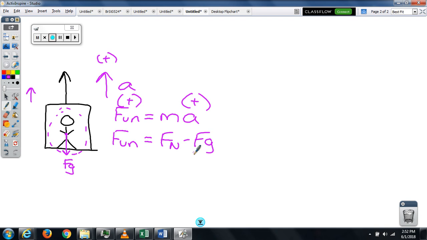To find Fn, you add Fg to both sides, so you get Fnet plus Fg. Like we said, we add whatever the requirement is for the amount of force to cause this acceleration to your weight. Because we've added on this number, it's going to be a bigger value than Fg. Since Fn will be greater than Fg, you feel heavier.